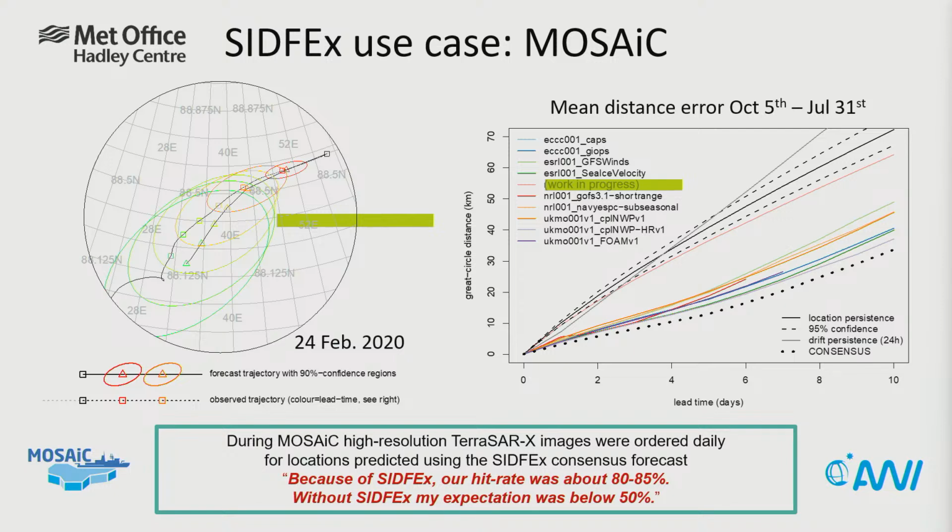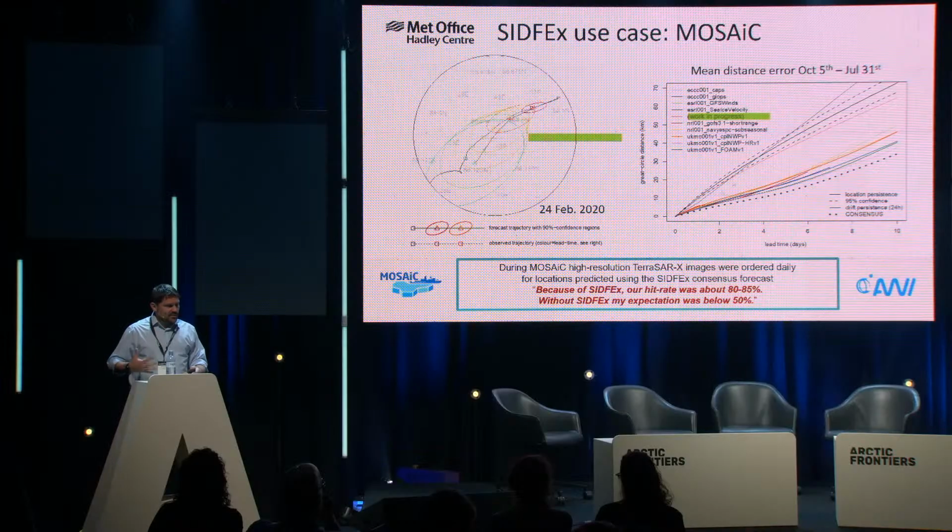So they're actually pretty close, and then we also include these 90% ellipse confidence regions as well. And that was an example of what we sent to Mosaic on 24th of Feb 2020. And then on the right is some post-analysis evaluation. So this is the mean error distance, the distance error of our forecasts over that period from October to July during the Mosaic cruise.